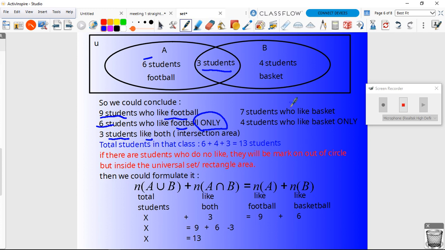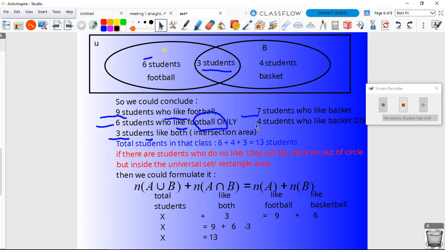And then for basketball, from 7 students, because 3 also like football, in the intersection area, here in this area is only for students who like basketball only.